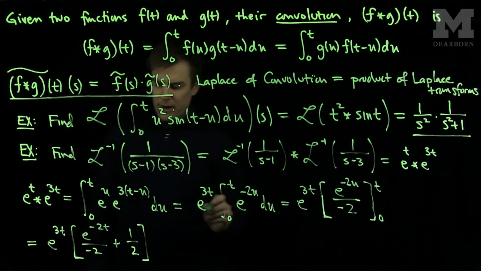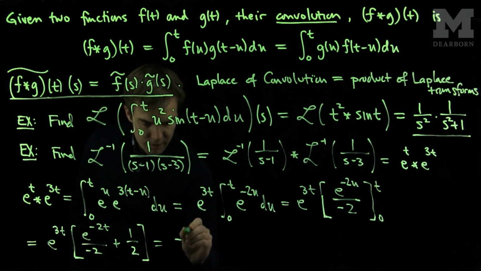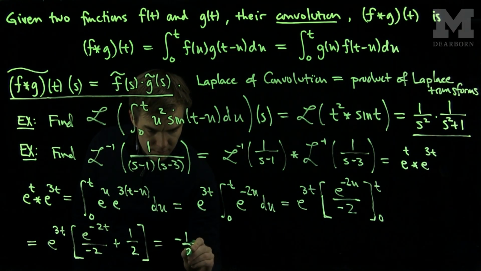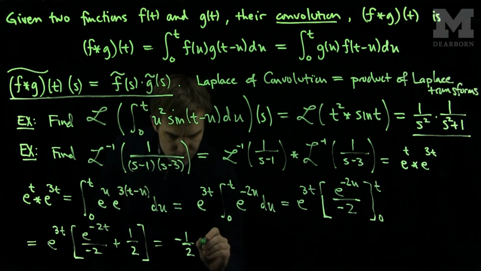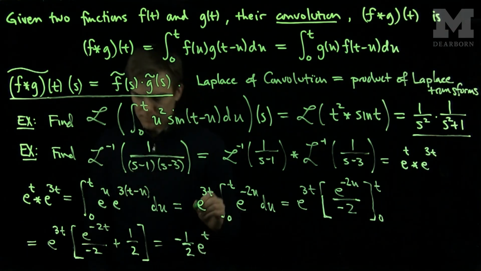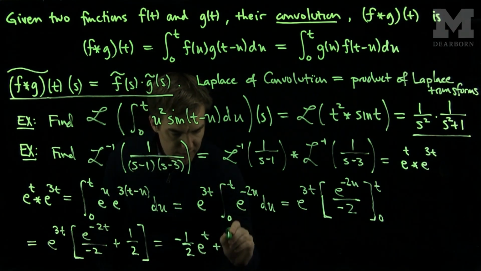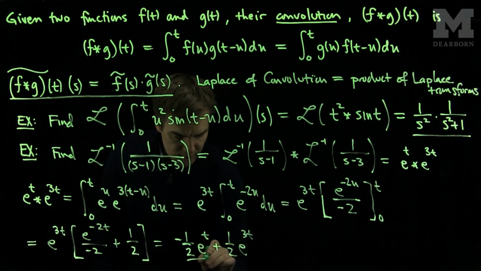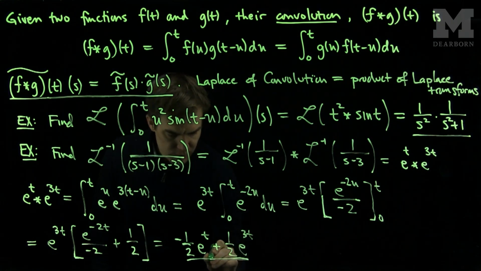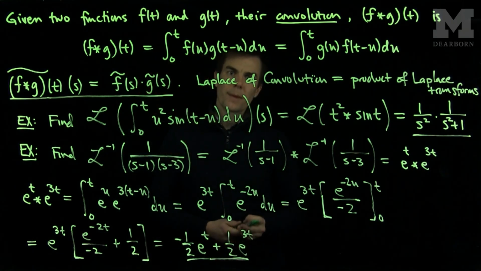So if I simplify this, I will have a negative 1/2 e to the 3t times e to the negative 2t, which is going to be e to the t. And I'll have a plus 1/2 e to the 3t, and that is our inverse transform. Thank you very much.